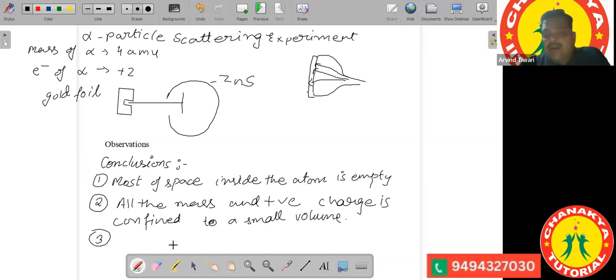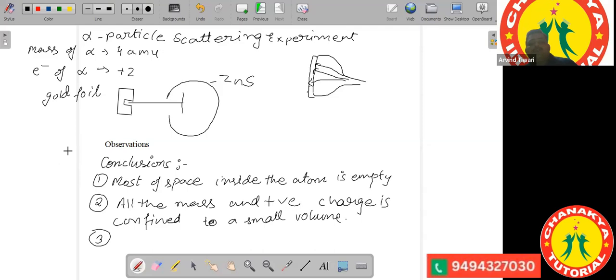Here our first conclusion was that most of the space inside the atom is empty, which we obtained from the first observation. Then the second conclusion we obtained is that there is a center of positive charge inside the atom.